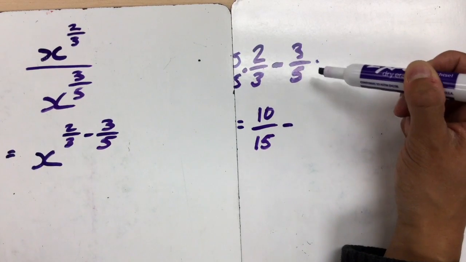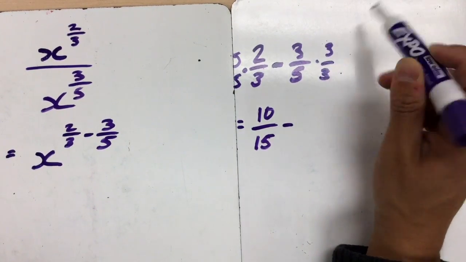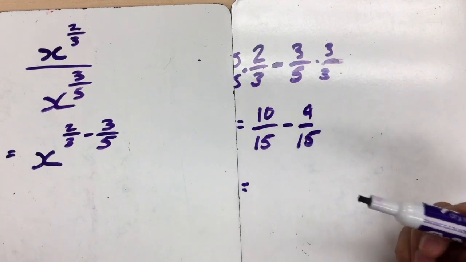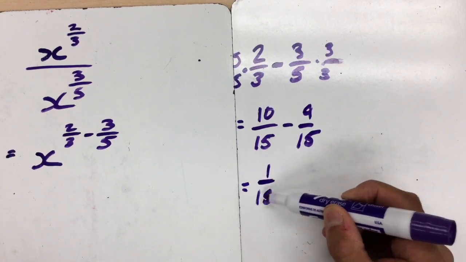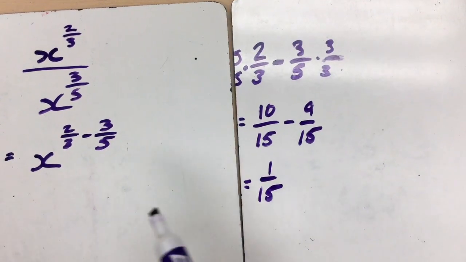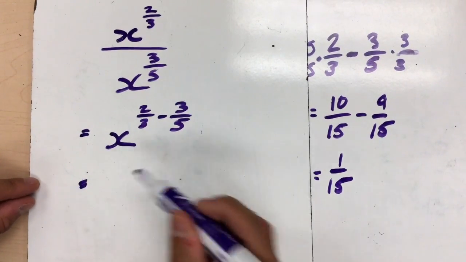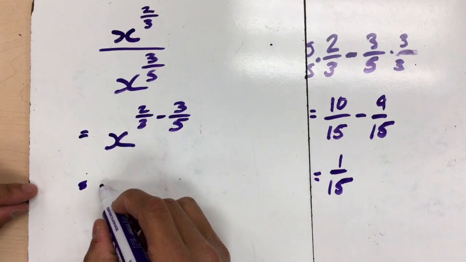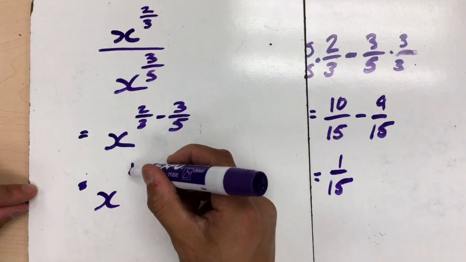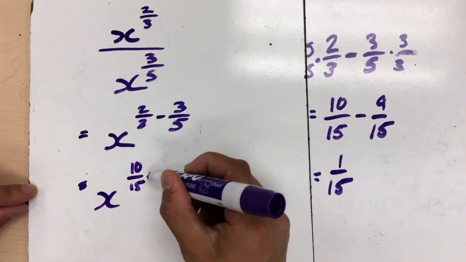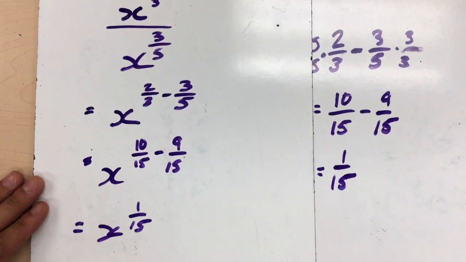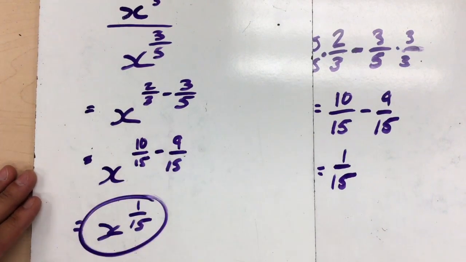Subtract, multiplying both of these by 3 in order to give me 9 over 15. That gives me a total of 1 over 15. So if I'm working with x to the power of 2/3 minus 3/5, this becomes x to the power of 10 over 15 subtract 9 over 15, which is x to the power of 1 over 15. And this would be my final answer.